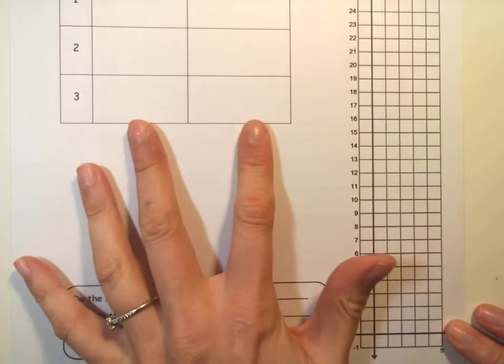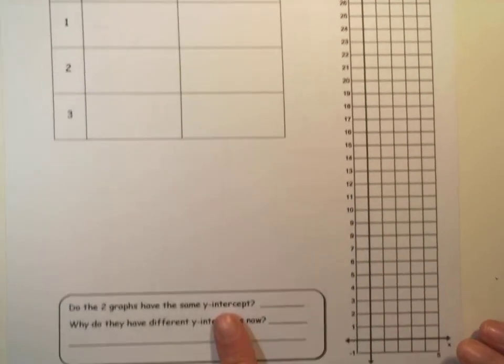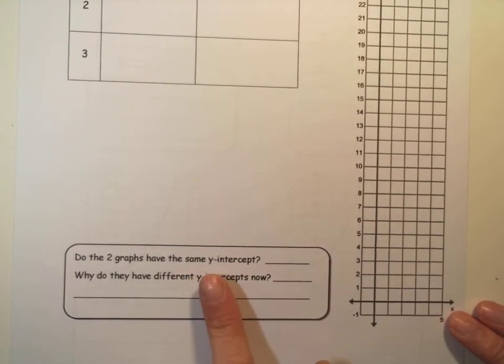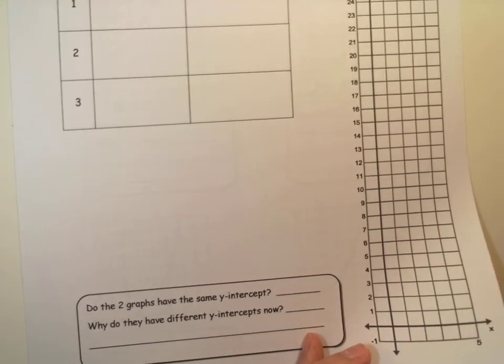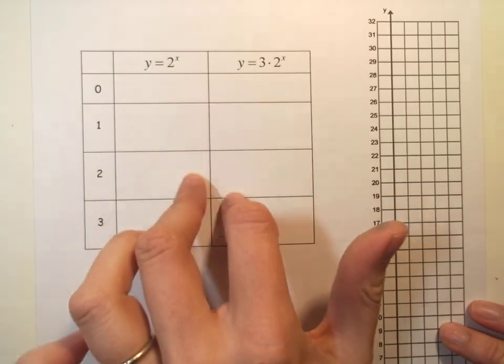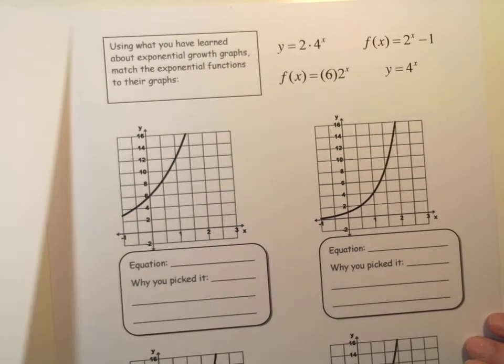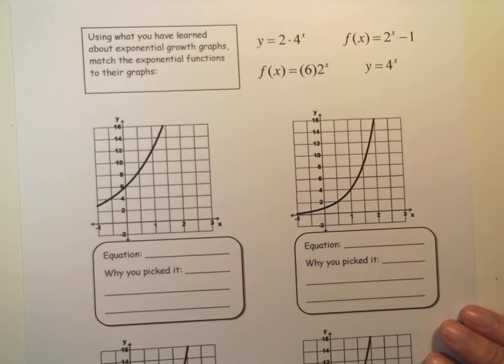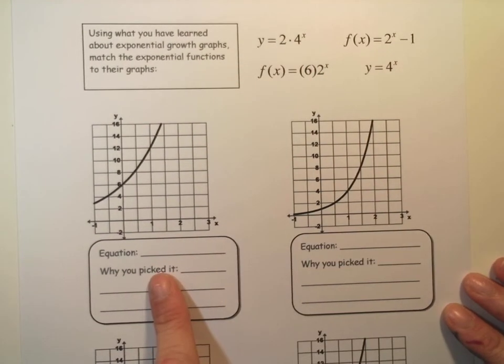And then you're going to do the same thing on the second page. And you're going to just be comparing the graphs and their y-intercepts, which we kind of just talked about. And using different colors for each side of this table, and one color for this table would be great. And then on the last page, you are going to match the equation to the graph.